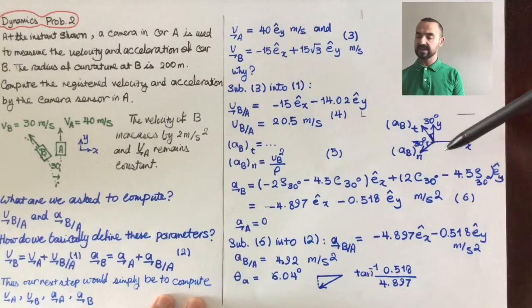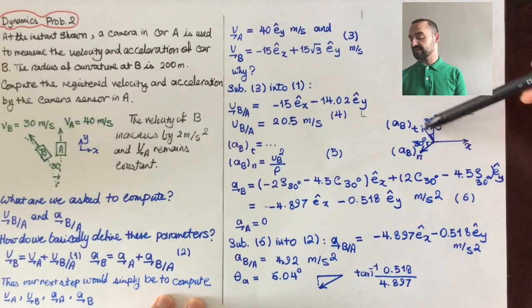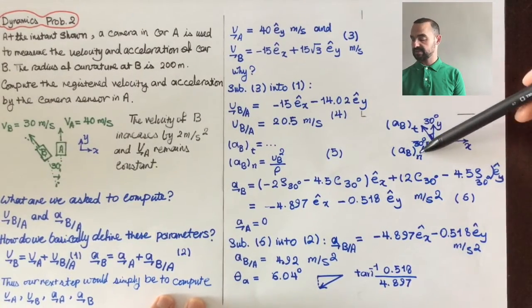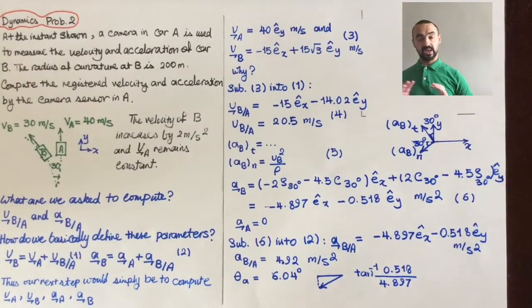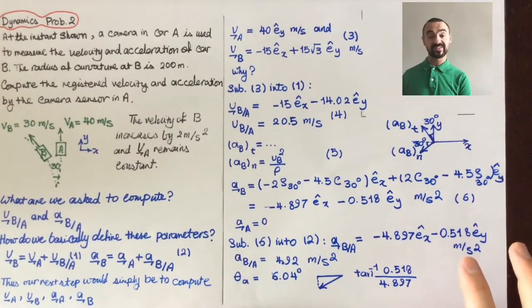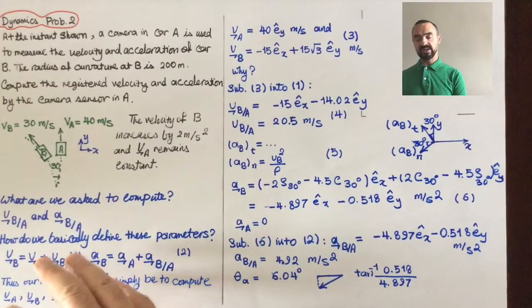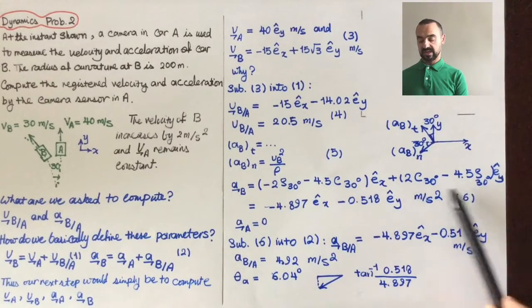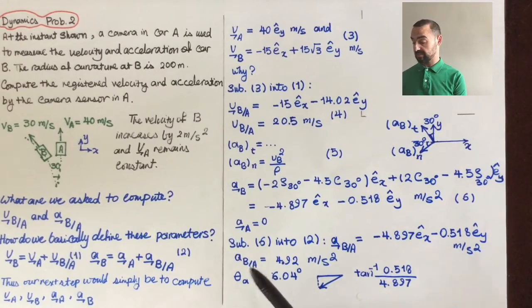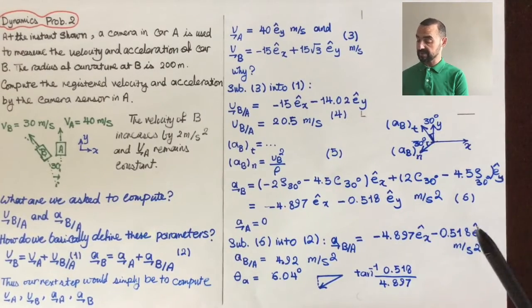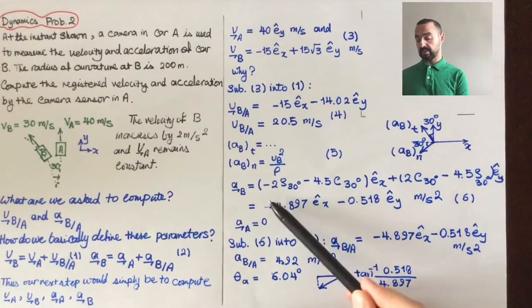If you look at this figure, this is your tangential component, this is your normal component, and all you need to do to be able to do all your computations in your Cartesian frame is to project these two components into your Cartesian frame. Once you do that, you're going to use the cosine and sine 30, and this is pretty straightforward. I think you can see where each term comes from. For example, where does this component come from?